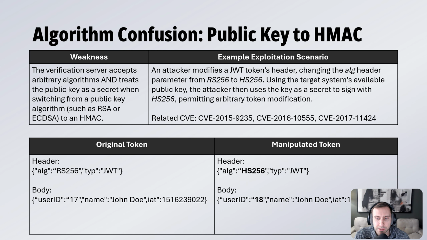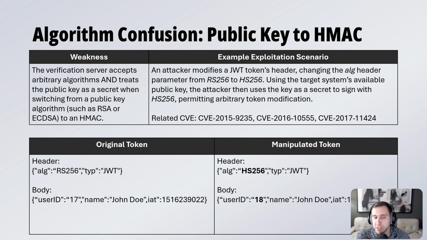The next one is a little bit more complex. So now we've passed through the very simple ones. Actually, we have a few more simple ones to come, but this one is a little bit more complex. And interestingly, there are a number of CVEs that have been attributed to this vulnerability. This is a situation where the library or the developers have intended to use RSA or some other public key, asymmetric algorithm, in order to sign tokens and then later validate those signatures.